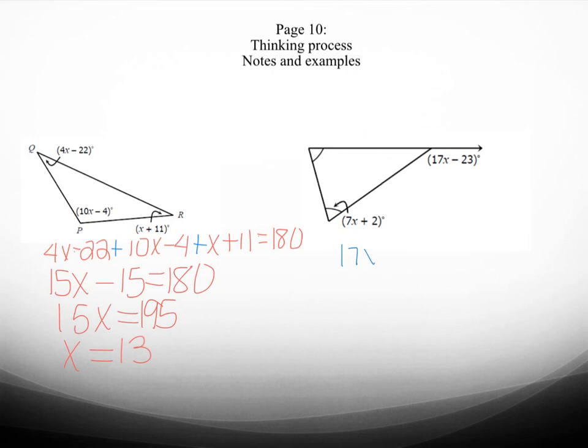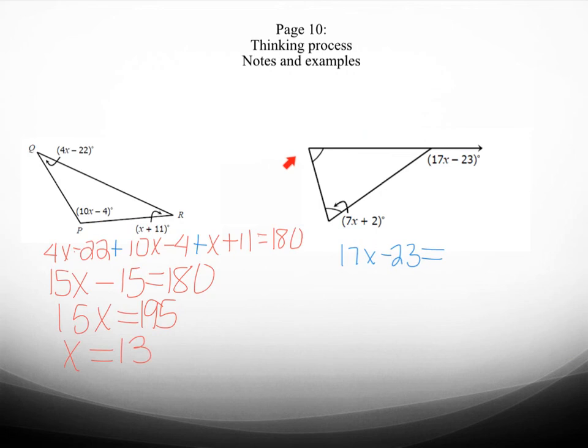So 17x minus 23 is equal to, oh my goodness, what do I see here? I see the same marking, but I'm only given one expression for the angle. If we have the same markings, it means the angles are congruent. So this angle is 7x plus 2, and therefore this angle right here is also 7x plus 2.